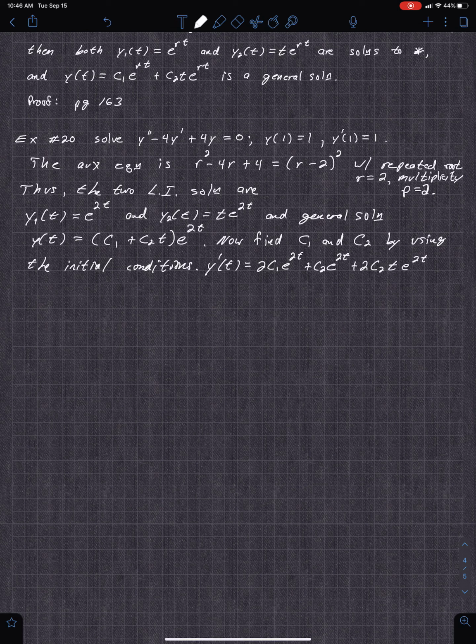And that's just substituting into the equation and then solving it, basically. Because then I'm going to factor: that's 2c1 plus c2 plus 2c2 t, factor out e to the 2t.